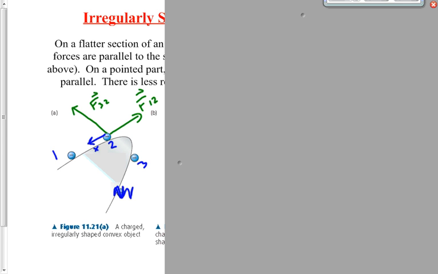Which one wins? F12 wins. Why? No, you can assume the distance is more or less the same there.